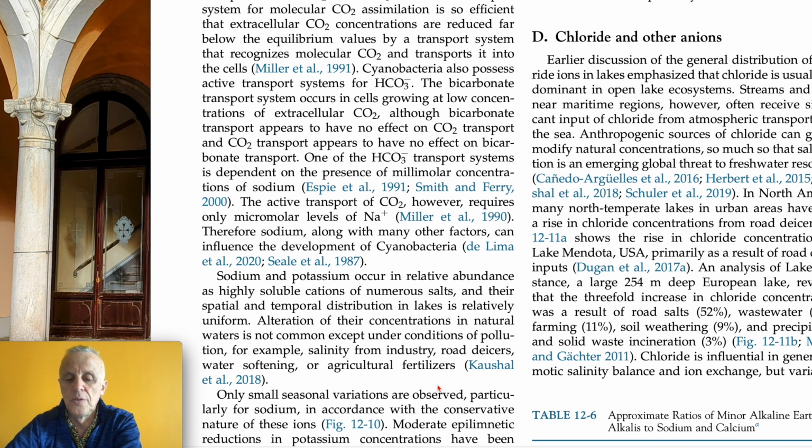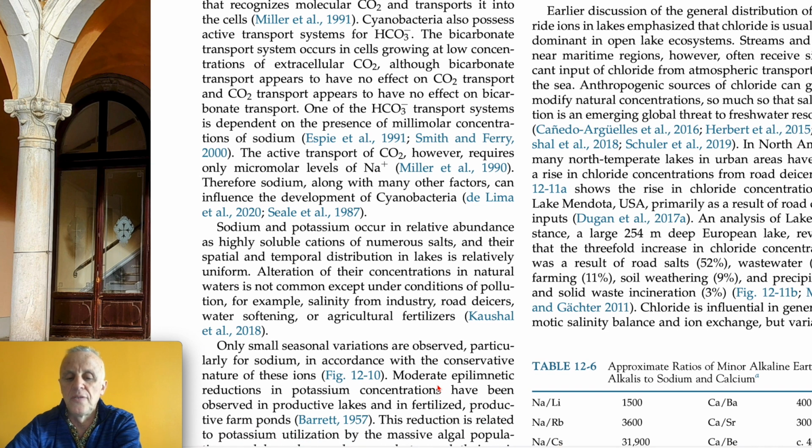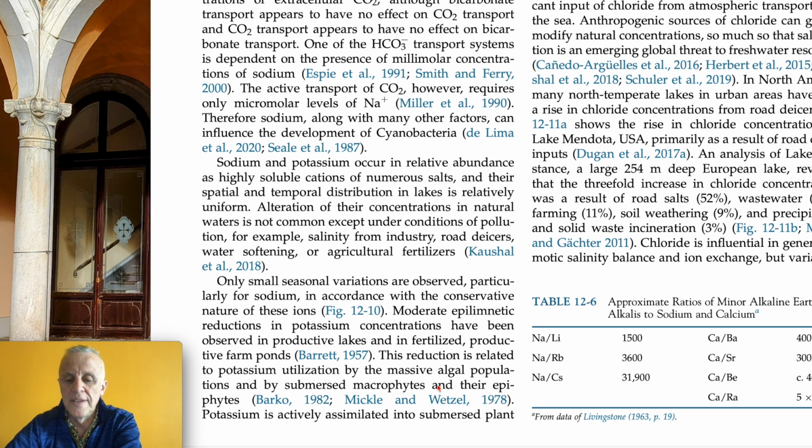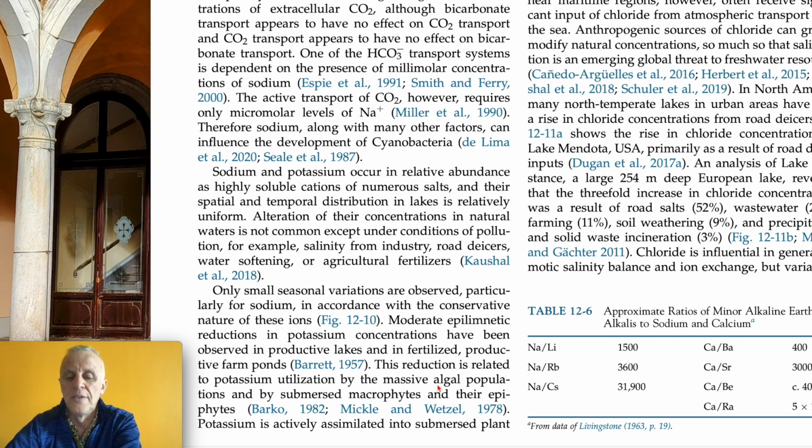Only small seasonal variations are observed, particularly for sodium, in accordance with the conservative nature of these ions. Moderate epilimnetic reduction in potassium concentration has been observed in productive lakes and in fertilized productive farm ponds. This reduction is related to potassium utilization by the massive algal population and by submerged macrophytes and their epiphytes.